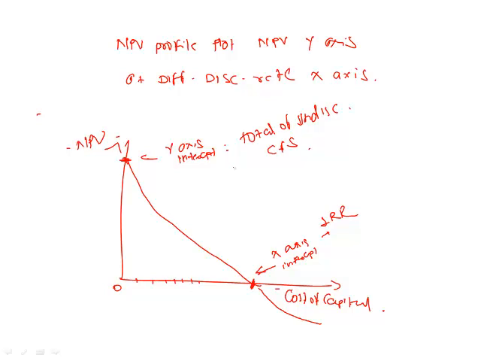It would not be a straight line; it would be slightly curved, convex towards the origin. The y-intercept is the total of undiscounted cash flows, both inflow and outflow. The logic is that if the interest rate is 0, NPV is nothing but inflow minus outflow without taking the time value of money.